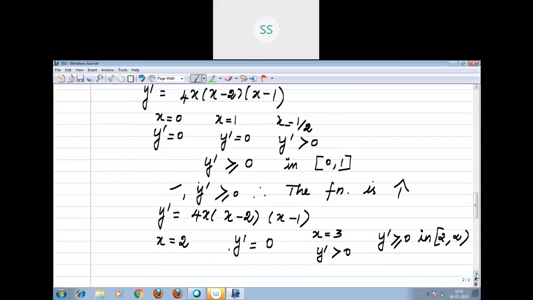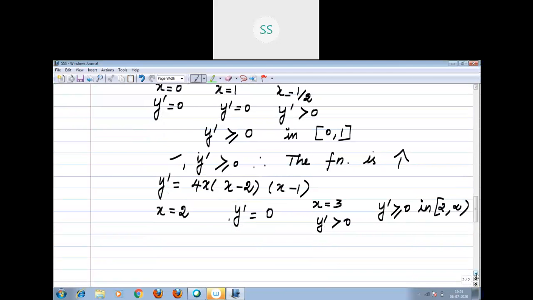Next, I move to the interval closed 2, infinity open. 4x into (x minus 2) into (x minus 1). When I assign x is equal to 2, because closed means we can accept the value, what is your y dash? 0. x is equal to 3 means your y dash should be greater than 0. y dash equal to 0 and y dash greater than 0, you have to compare these. You arrive at y dash greater than or equal to 0.